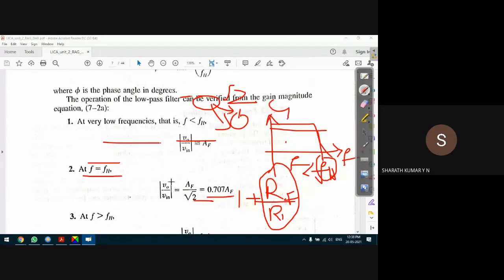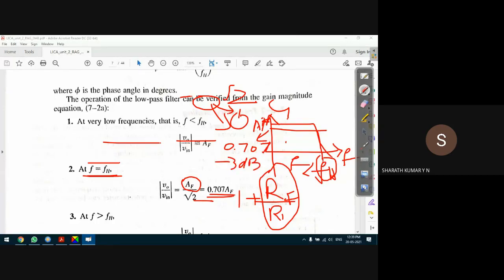So at F equal to Fh, the gain is 0.707 times Af, that is 3 dB down. We call it 3 dB down. If this is Af, then Af at this point corresponds to 0.707. In terms of decibels, it is minus 3 dB.